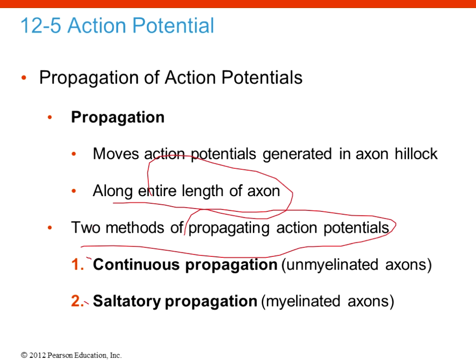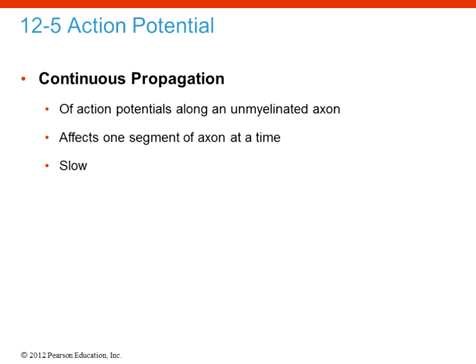Continuous propagation is conduction of an action potential along an unmyelinated axon. Okay? Saltatory propagation is conduction of an impulse along a myelinated axon. And as we talked about before with myelination, the big difference is speed. Right? Continuous propagation on an unmyelinated axon is obviously going to take longer. Saltatory propagation is going to be faster.